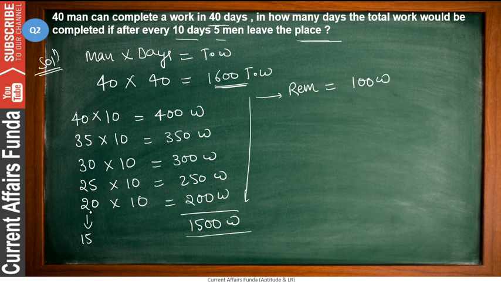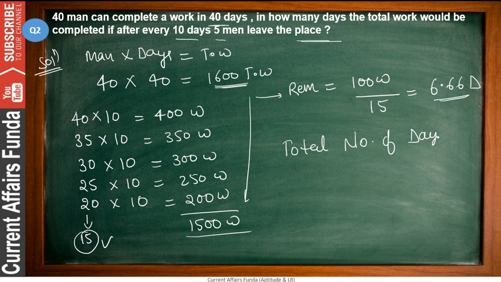And friends, after 20 men have worked, in the next slot 5 more men leave the place, so 15 men are available. That means 100 work will be done by 15 men. It will be approx 6.66. Okay, so they will take 6.66 days. So kindly calculate the total number of days.